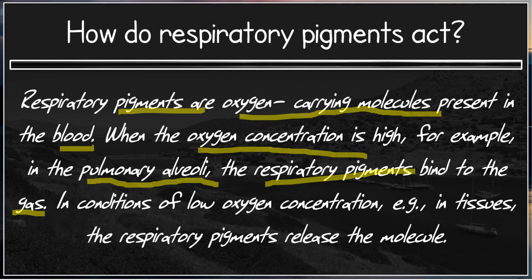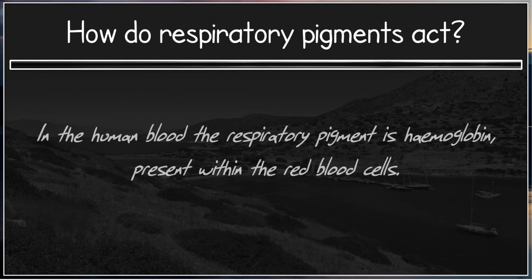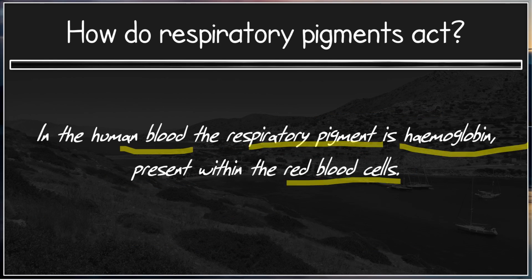In conditions of low oxygen concentration, as in the tissues, the respiratory pigment releases the molecule. In human blood, the respiratory pigment is hemoglobin, present in the red blood cells.